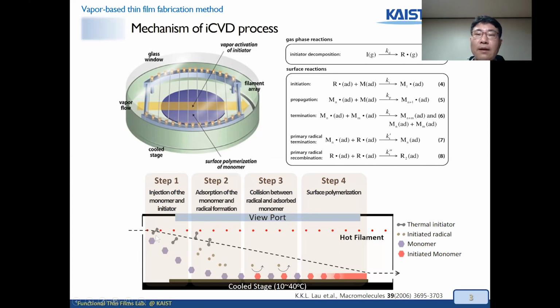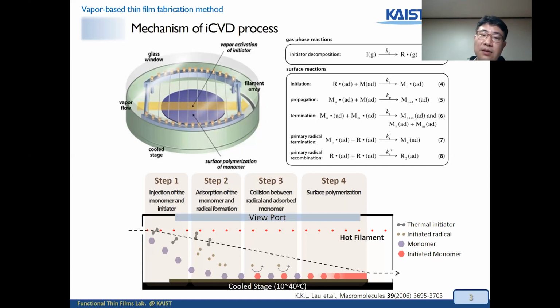The initiator we use is a peroxide material, which has a very weak oxygen bond that is readily decomposed at temperatures higher than 150 degrees C. On the other hand, this hexagon is a monomer, basically an organic chemical, whose typical decomposition temperature is around 350 degrees C or higher.